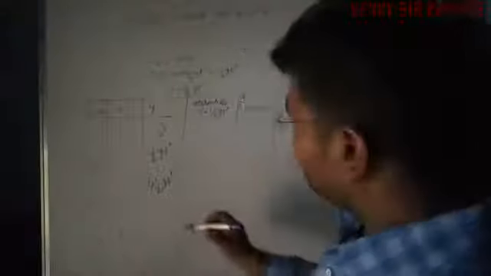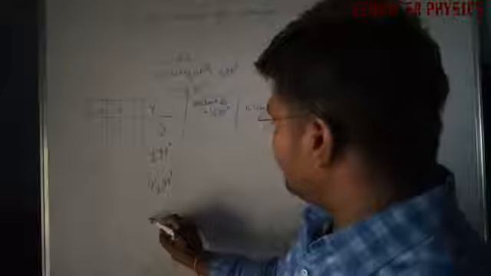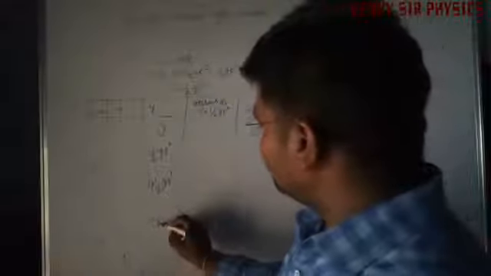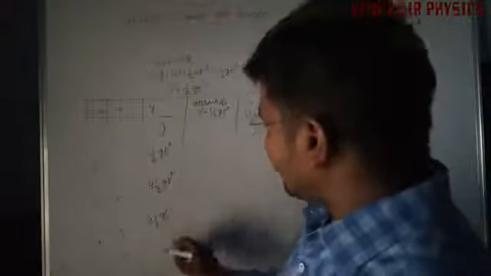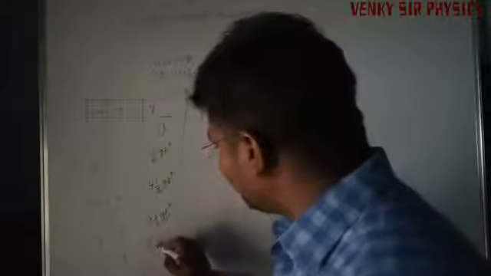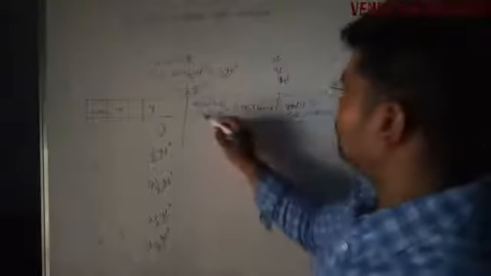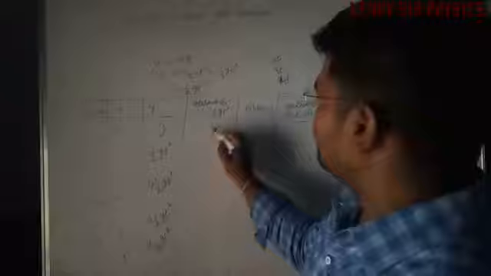Substituting 3t, 3 square is 9, so 9 times 1/2 g t square. Like that, substituting 4t gives 16 times 1/2 g t square. So in the form of y: 0, 1, 4, 9, 16 times 1/2 g t square.